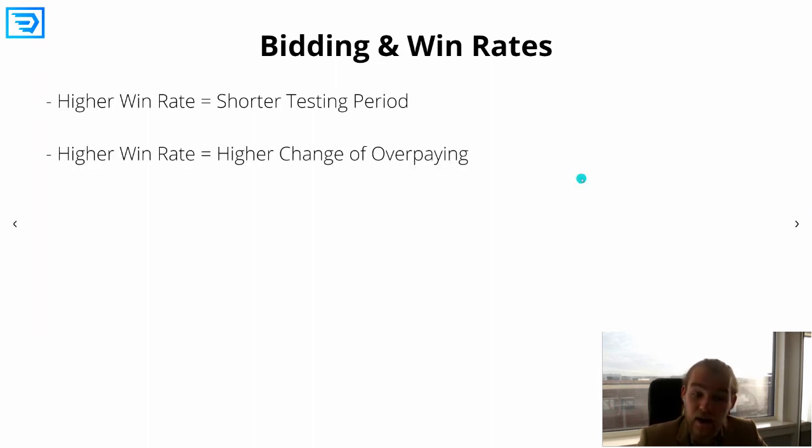However, higher win rates always means that you have a higher chance of overpaying, especially if you have a win rate of 100%, decrease that bid right away because you might be overpaying.